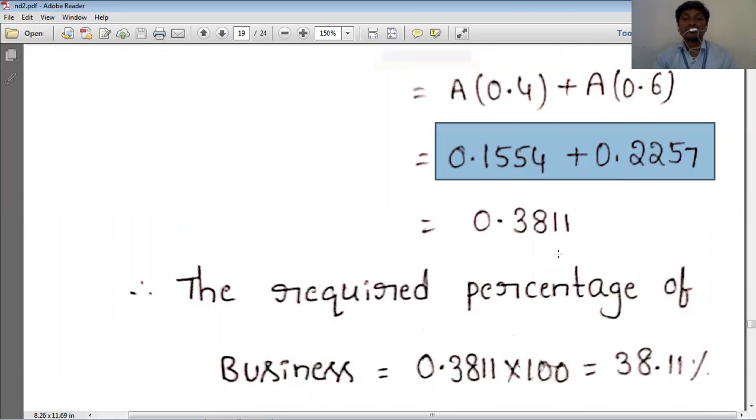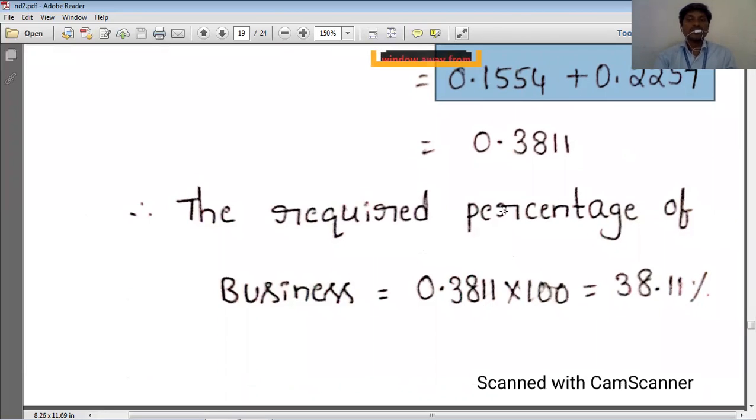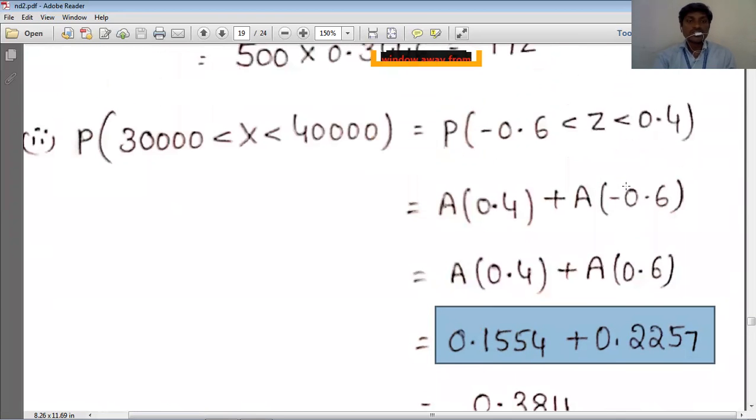The required answer is a percentage, they didn't ask for the number of businesses. So for calculating percentage we multiply with 100. So 38% of businesses have sales between 30,000 rupees and 40,000 rupees.